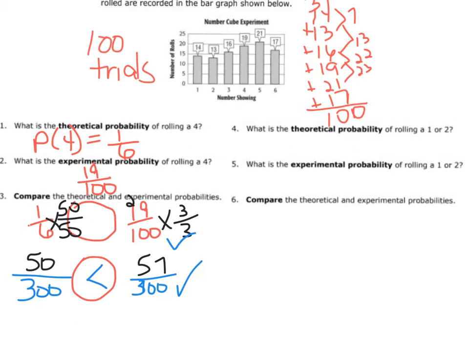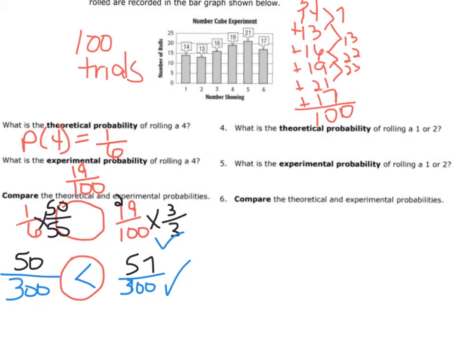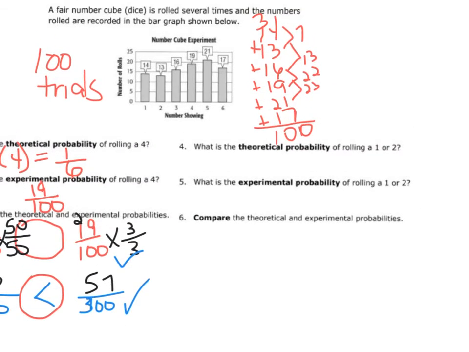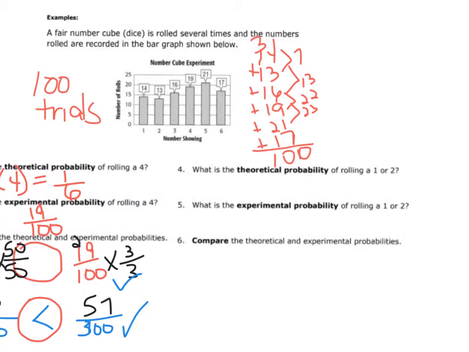Okay, so we're going to go ahead and do number 4. Again, number 4 is still based on the same graph and the same item. So we have a theoretical probability of rolling a 1 or a 2.